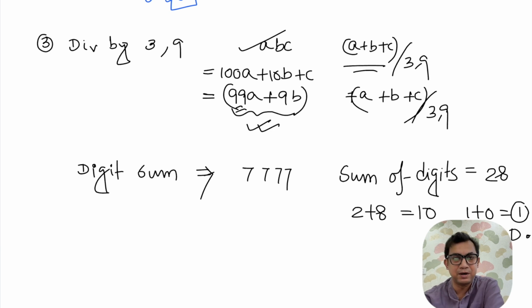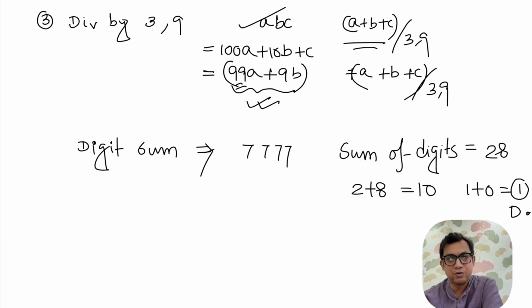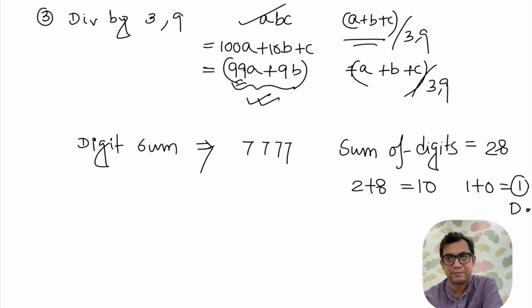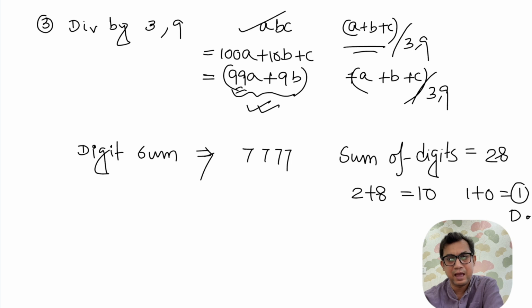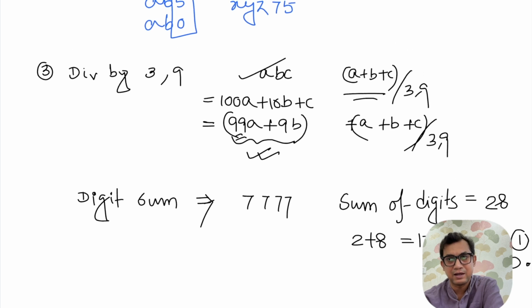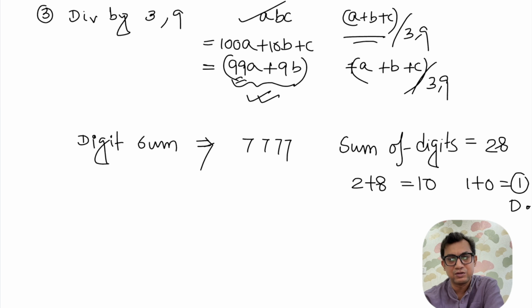So for any number, when you add for the first time, you get the sum of the digits. And then if you keep on adding and you reach a single digit number, after that the addition is not possible. We call this the digit sum.